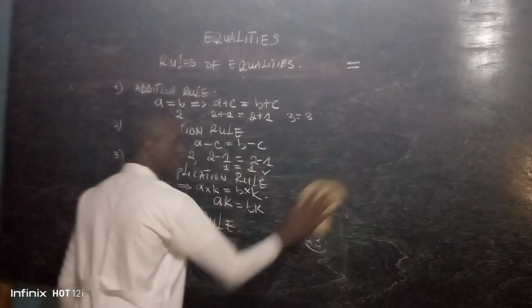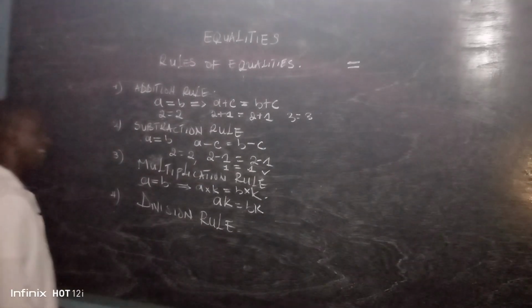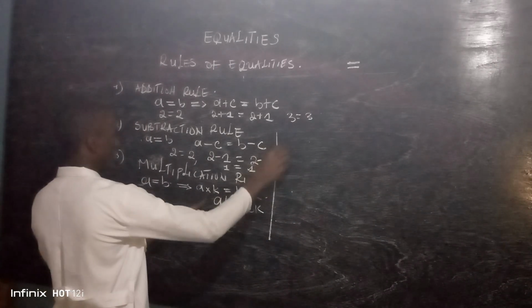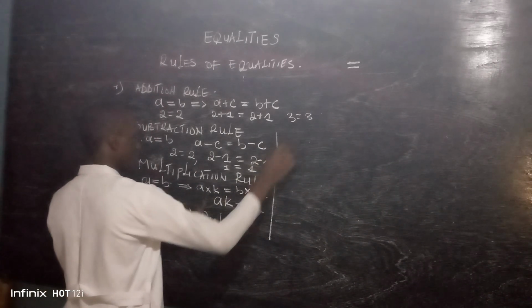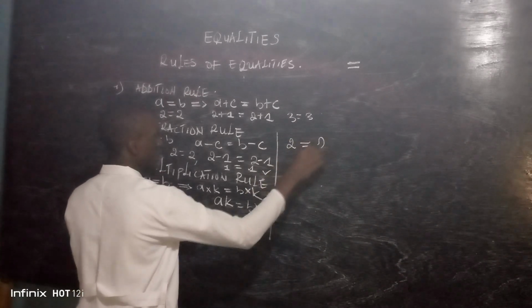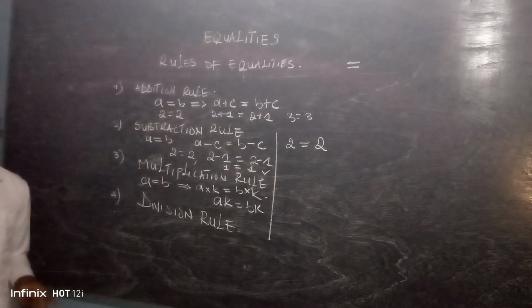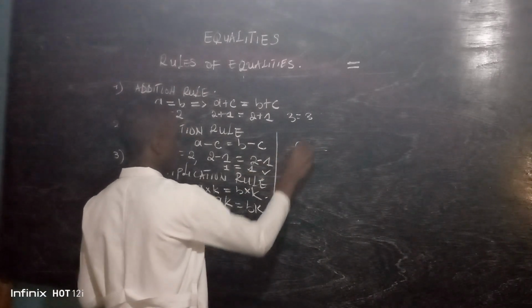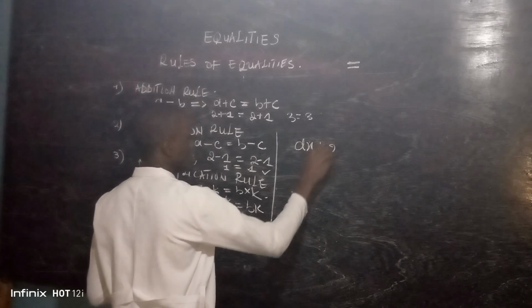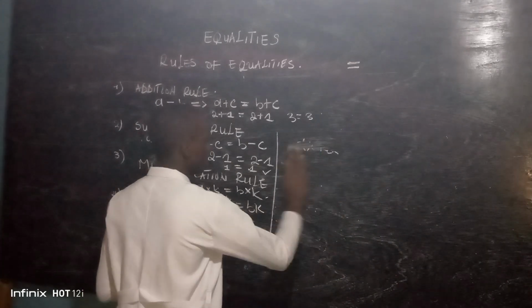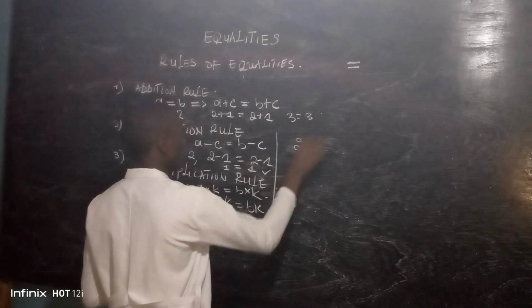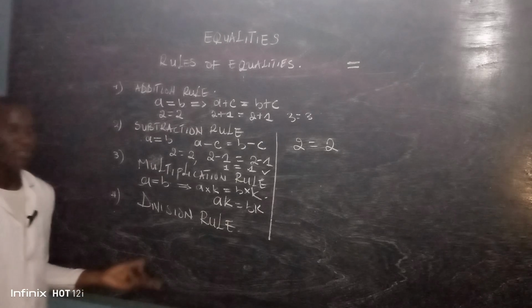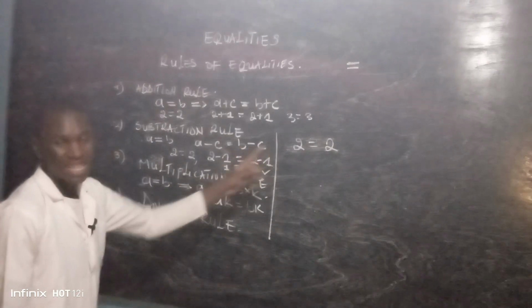That is what the multiplication rule of equality is saying. So basically, let's consider this. If I have 2 equals 2, let's work on this equal quantity here. If I multiply the same thing on both sides of the equation, it remains virtually unchanged.